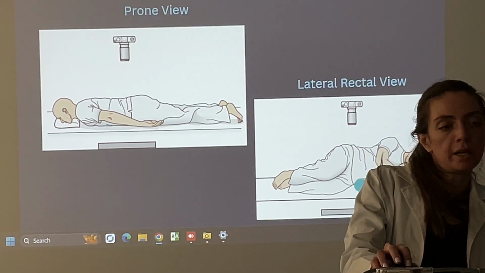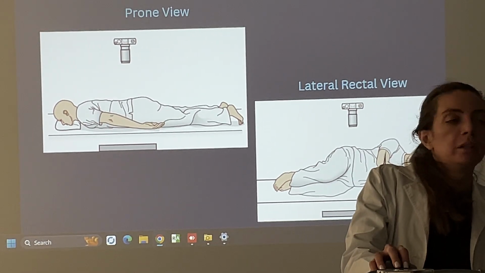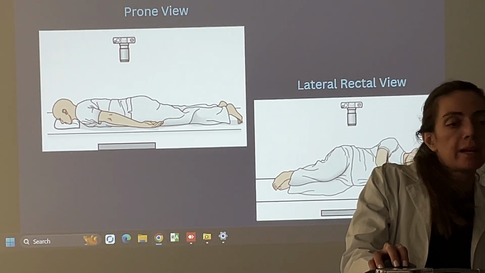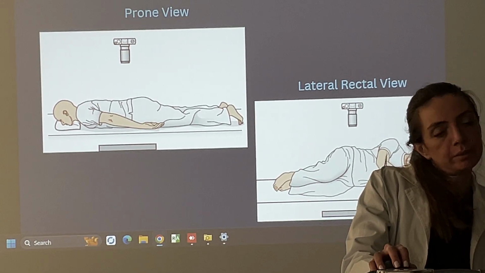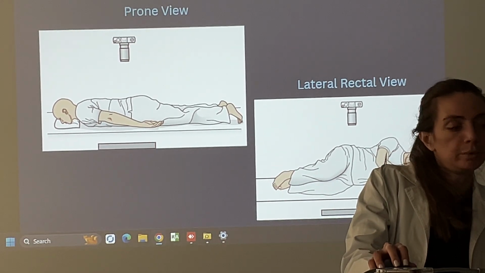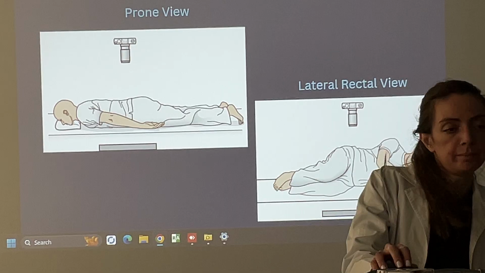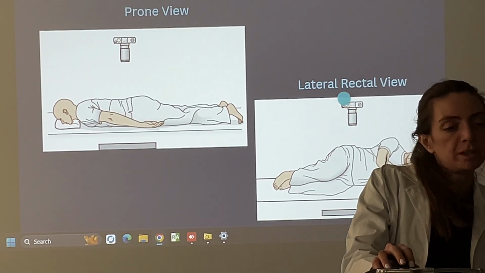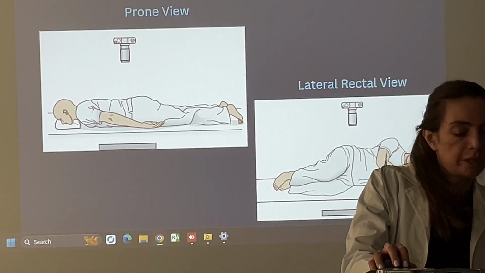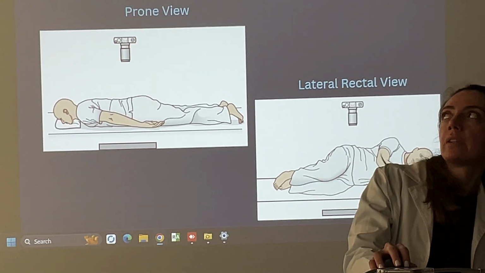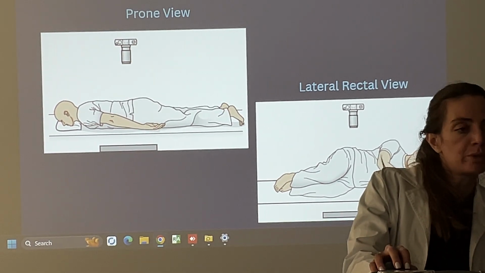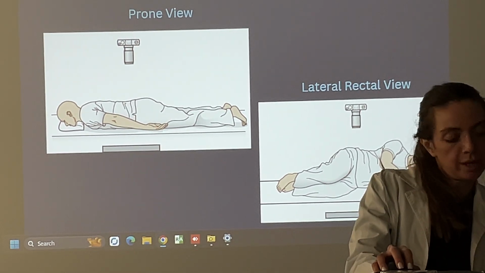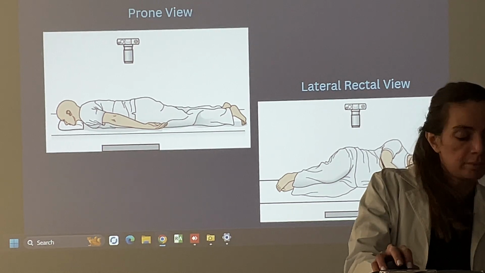The patient is lying on his or her left side, and a lateral view of the rectum can be exposed with a vertical beam to substitute for the prone radiograph. The lateral view of the rectum will usually demonstrate the presence or absence of air in the rectum and or sigmoid colon.